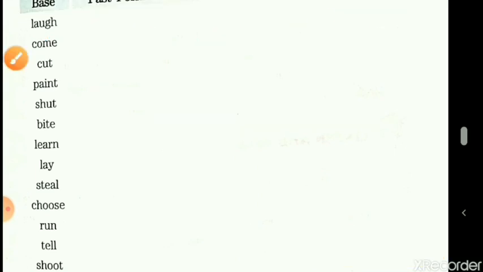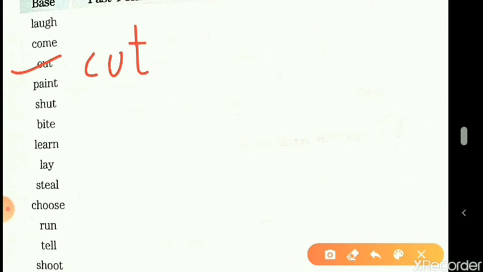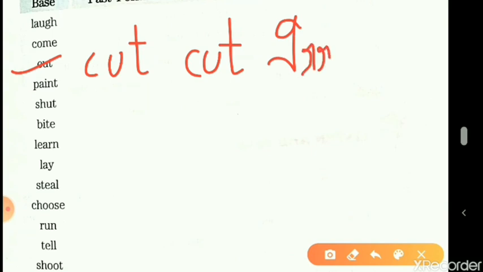Now students, the third one, that is cut. In this, all the three forms will remain the same. There will be no change. The past form is also cut and the past participle is also cut. So again, an example of irregular verbs.